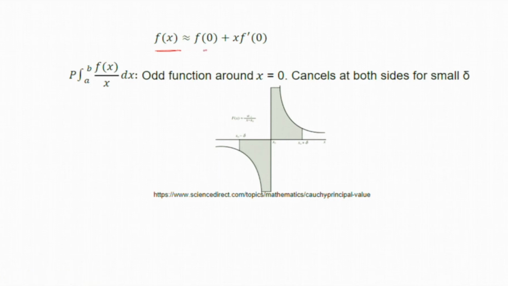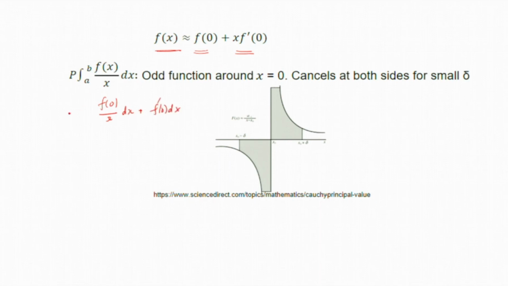So, it is f(0) plus x f'(0), we need only the first order. So, we basically get f(0) by x plus f'(0), f(0) by x dx plus f'(0) dx.